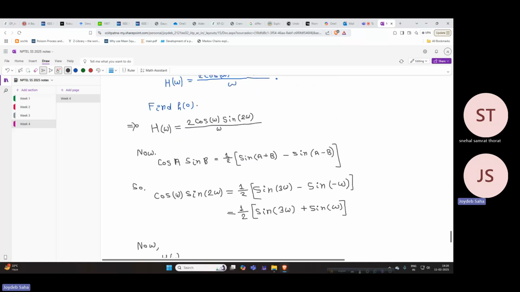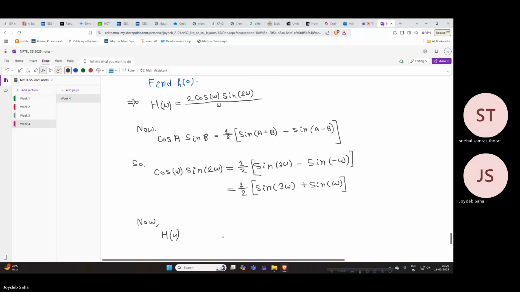That is important. We multiply 2 upon omega with this, right? So simple, we have used the formula cos A sin B to break cos omega sin 2 omega.